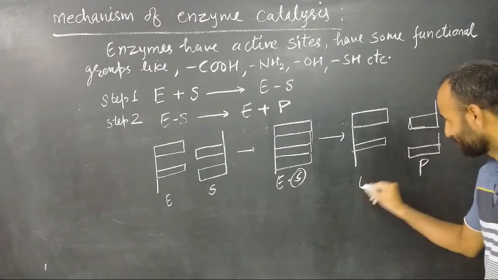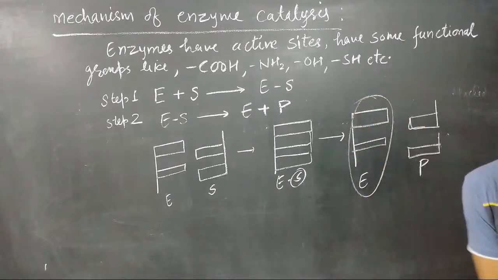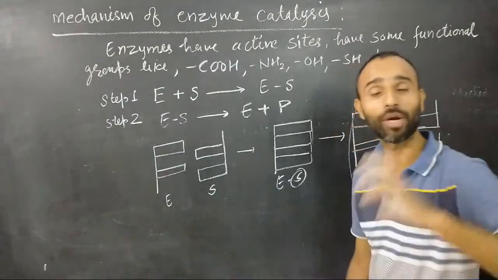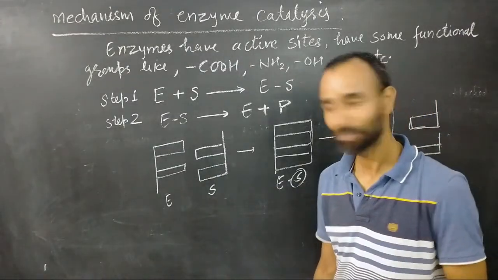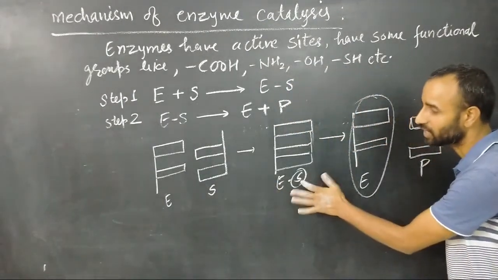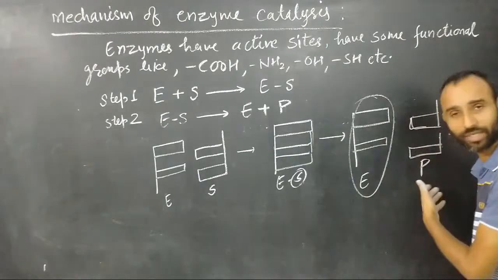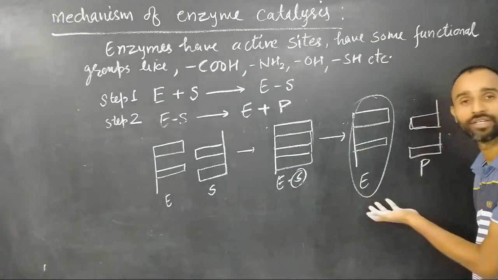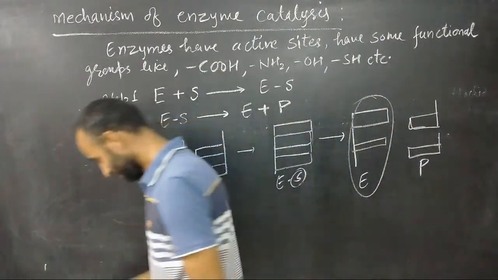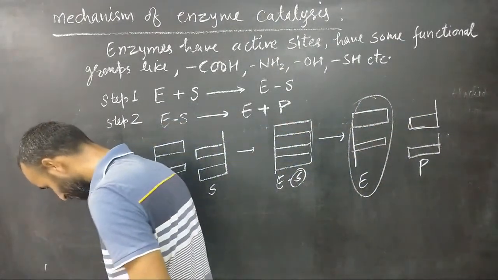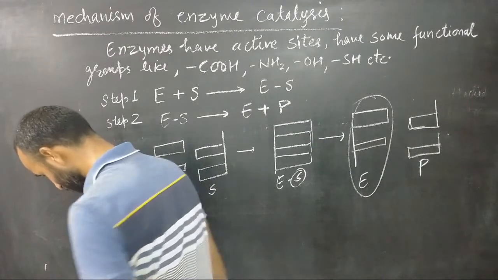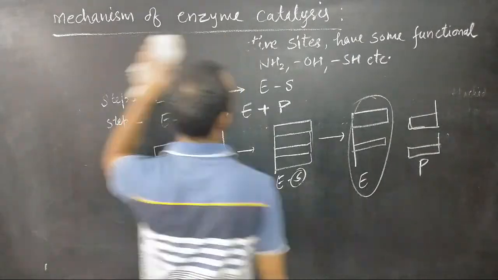This is product and we get back enzyme. Okay, means enzyme and substrate have complementary shape. So they will join to form enzyme substrate complex, and then substrate gives product and regenerates enzyme. That is the mechanism. Okay, done.